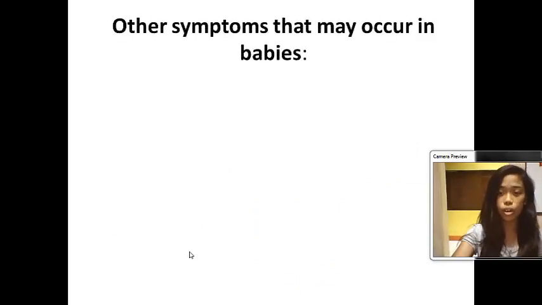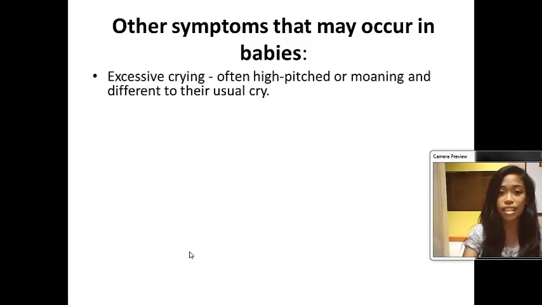As we all know, babies are most at risk of infection. You may suspect the baby has meningococcal meningitis if the baby experiences symptoms including excessive crying, which is not the usual cry, but high-pitched and moaning.